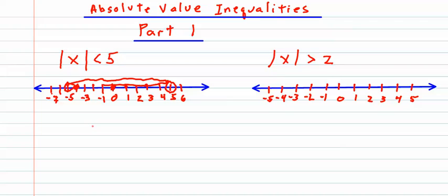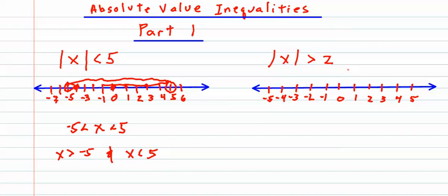So our solution would be x greater than negative 5 and less than 5. All right? So we could also write that as x greater than negative 5 and x is less than positive 5.